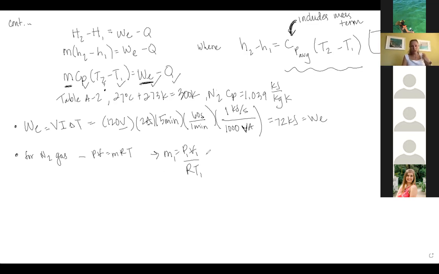So we're given our pressure of 400 kilopascal. Our volume is 0.5 cubic meters. Our temperature is 300 Kelvin. And then our R value, we're going to need to look up.